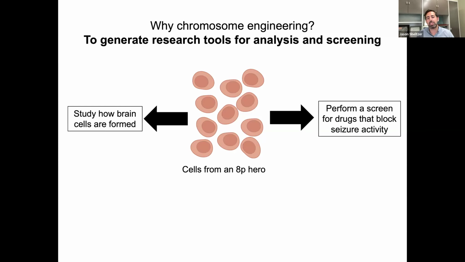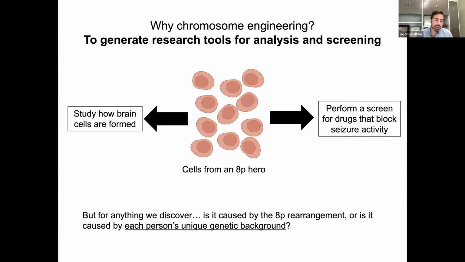However, for any type of experiment like this, where we were just studying cells from an 8P hero in isolation and doing drug screens or doing genetic experiments, there would be a very significant limitation to these experiments. And that is for anything that we discover using these cells, it wouldn't be immediately clear whether the discovery that we made, whether the beneficial drug that we found, is specifically caused by the 8p rearrangement or whether it was caused by each person's unique genetic background.